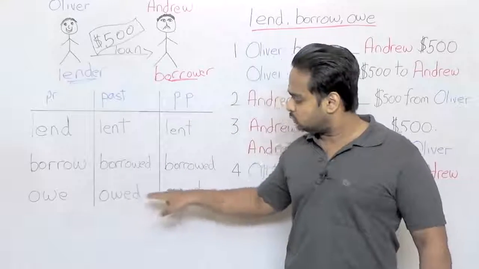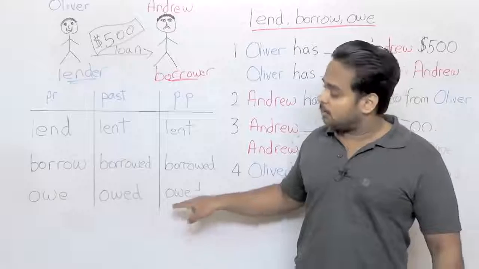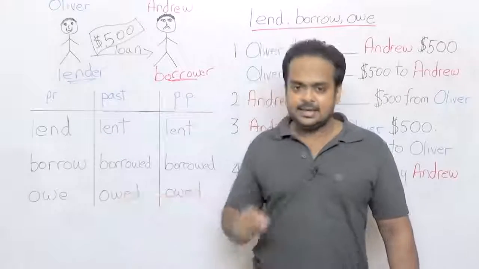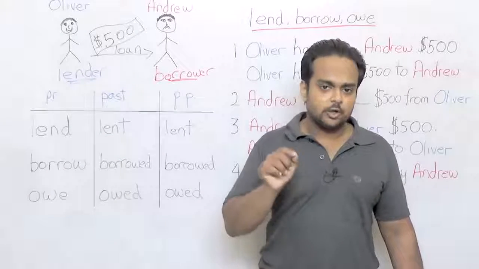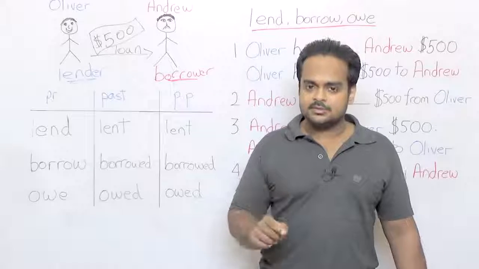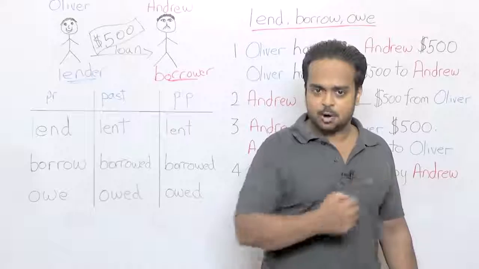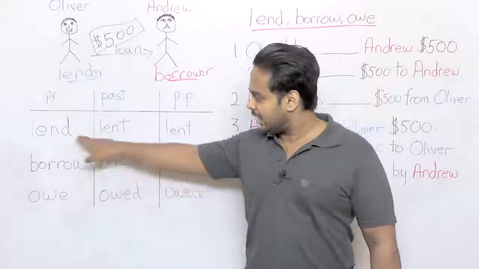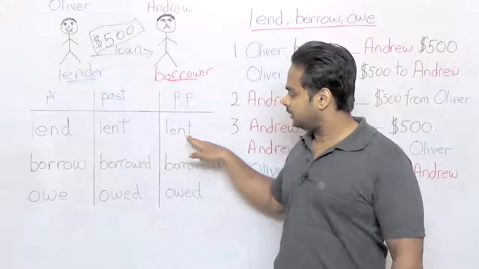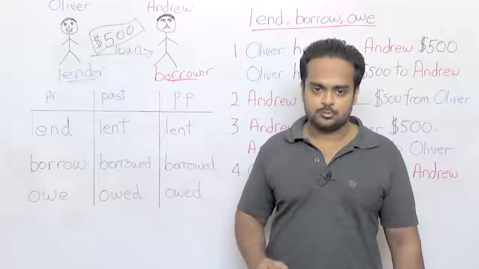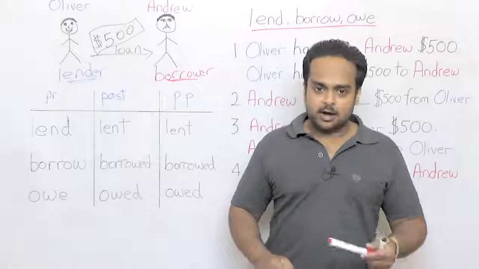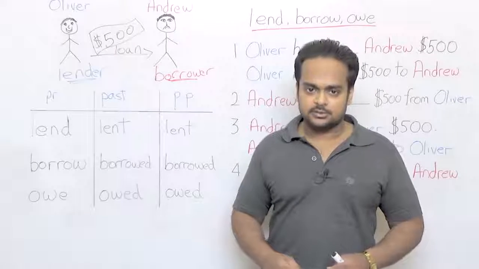Owe, owed, owed. But the word lend is irregular. It's an irregular verb. That means that we cannot add ed to make the past or the past participle forms. So we say lend, lent, and lent. That's important to remember. Okay, let's now move on and look at some practice sentences.